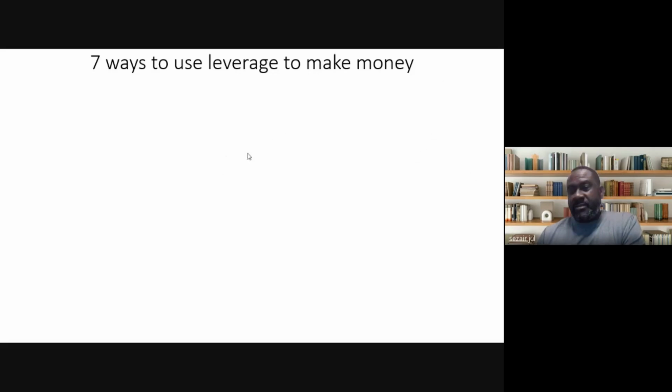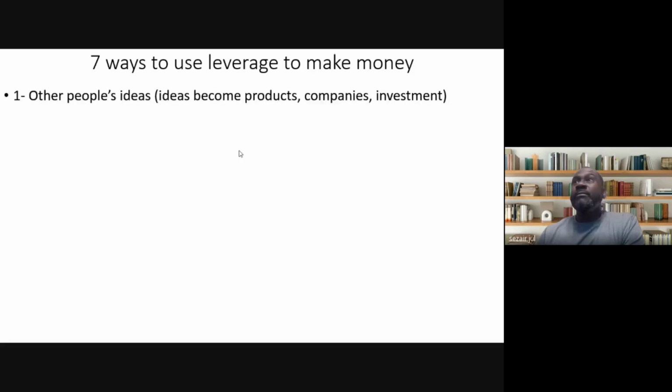Okay. All right. So let's go over 7 ways we leverage. Leverage is using everything. Number 1, other people's ideas. An idea becomes a product, a company, an investment. When you buy a book, for example, you're leveraging the author's idea.